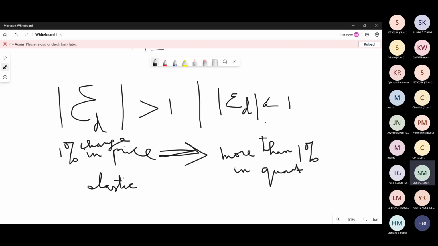If you are the manager and you find that the price change, here the question is, what is the effect of a 1% change in the price, right? If you know that it will change the quantity by more than 1%, you must first be worried, should I implement this change? Because it's you who decide the price, but the quantity is not in your hands because this is the demand.